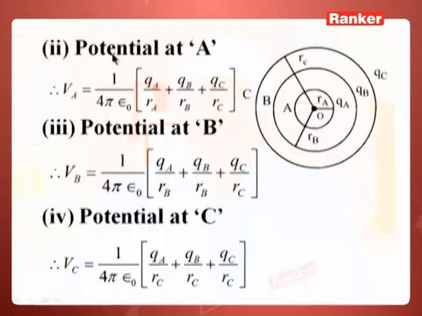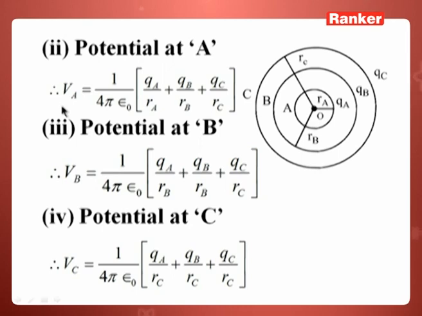Similarly, they can ask you what is the potential at any point on the surface of the first sphere A. This is the smallest sphere out of the three. Its radius is RA and the charge on that sphere is QA. Then what would be the potential on the surface of the first sphere A?